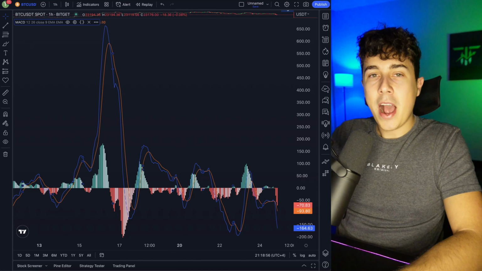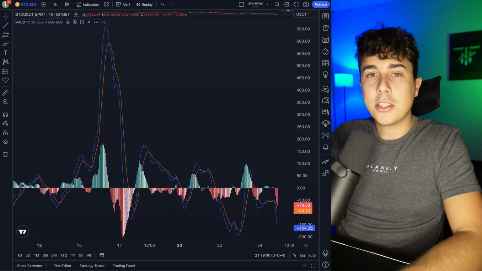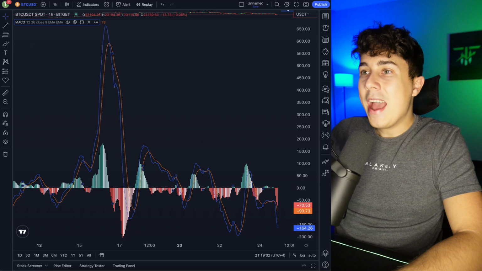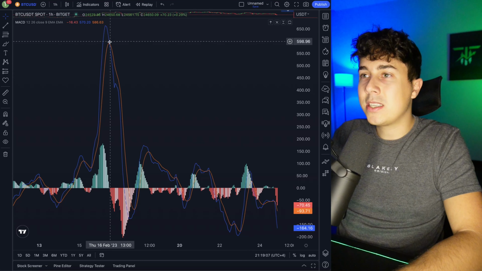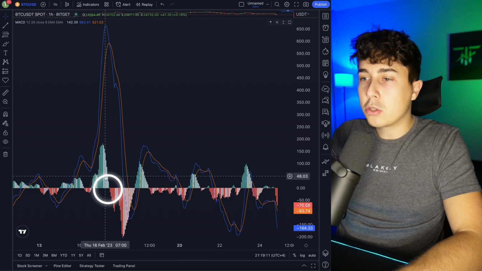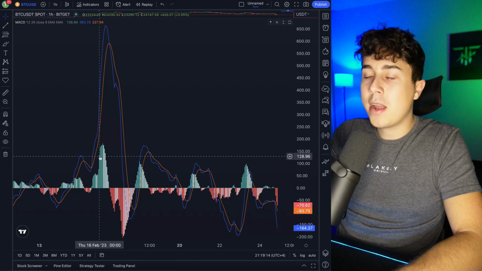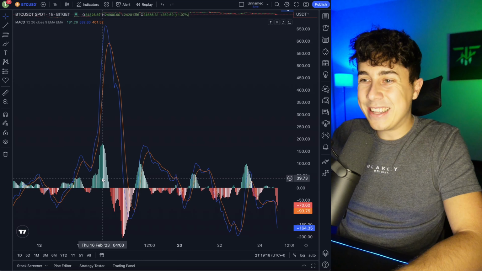Next to this, we have the histogram, which gives us very good visual information about the trend changing. As you can see, at the points where, for example, our MACD line is crossing our signal line in a downtrend here, the MACD histogram is also switching color. It comes from an uptrend here. There were strong MACD histogram candles, which you can see here in the dark green.